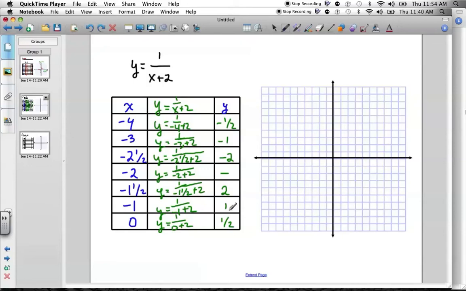And we're going to go ahead and plot the ordered pairs: negative 4, negative 1/2, negative 3, negative 1, and negative 2.5, negative 2. And your other piece will be, you cannot do negative 2 on the x-axis because that's undefined, negative 1/2, 2.